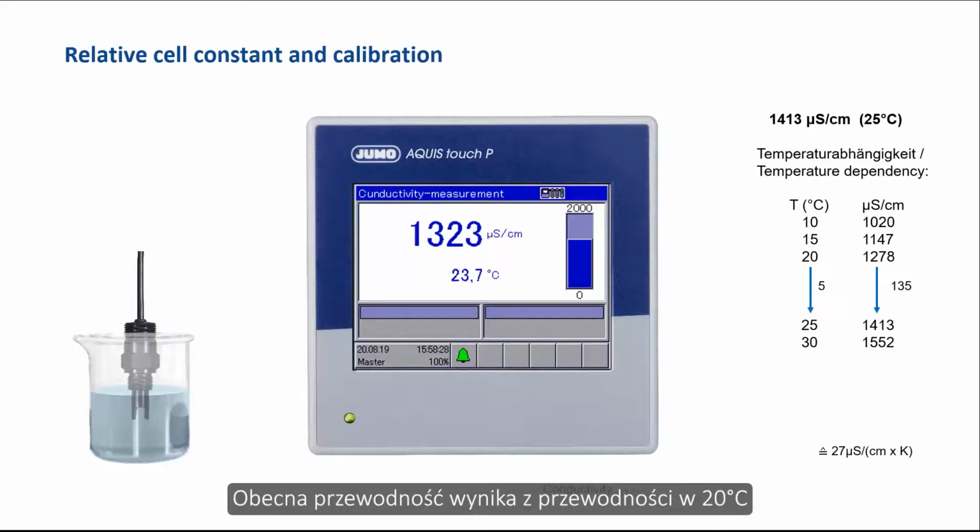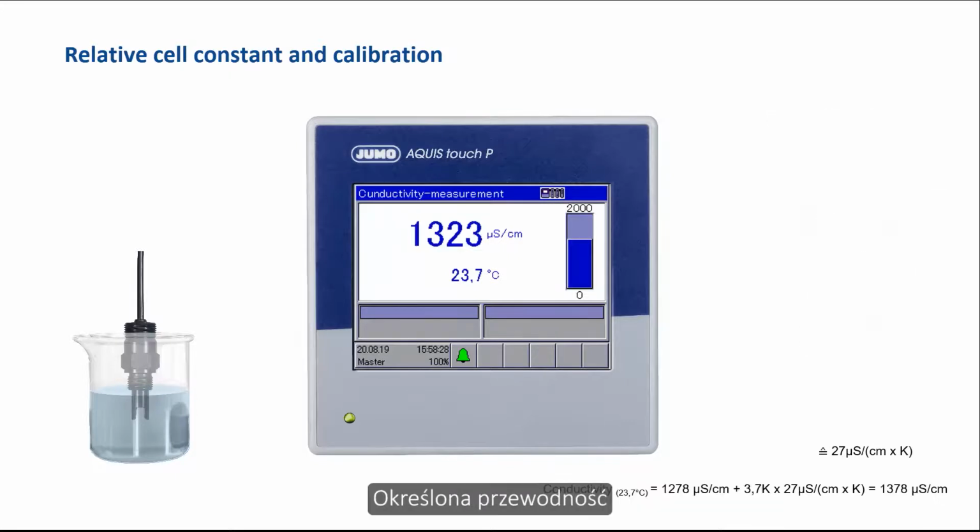The present conductivity results from the conductivity at 20 centigrade, increased by the mentioned 27 microsiemens per centimeter and Kelvin, multiplied by the deviation to the 20 centigrade, thus 3.7 Kelvin. The determined conductivity is given as the reference value during calibration of the relative cell constant.